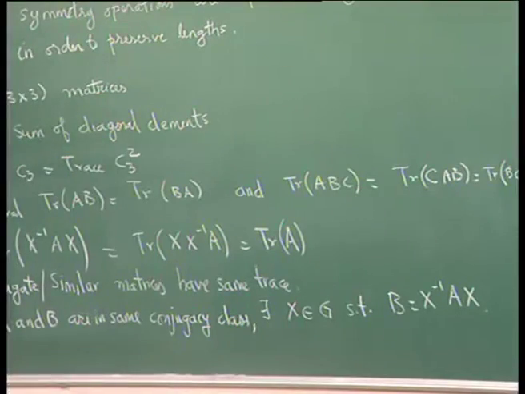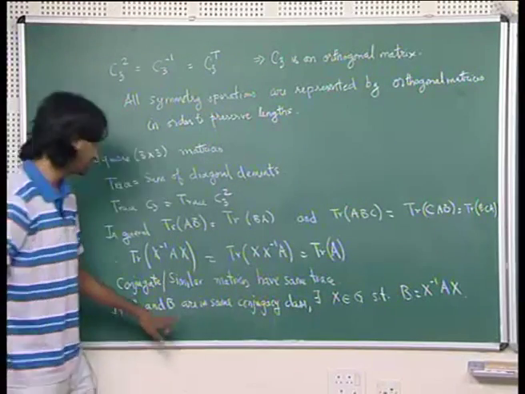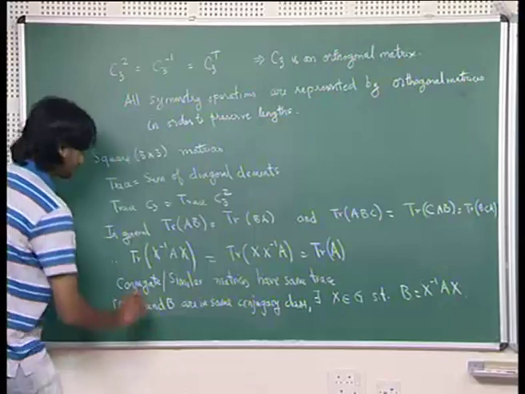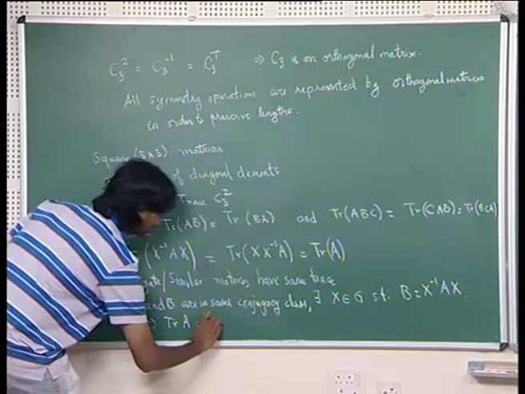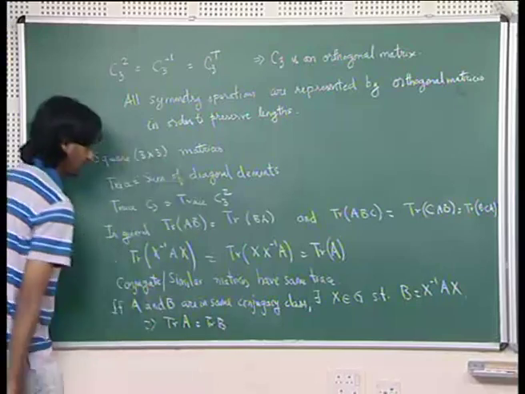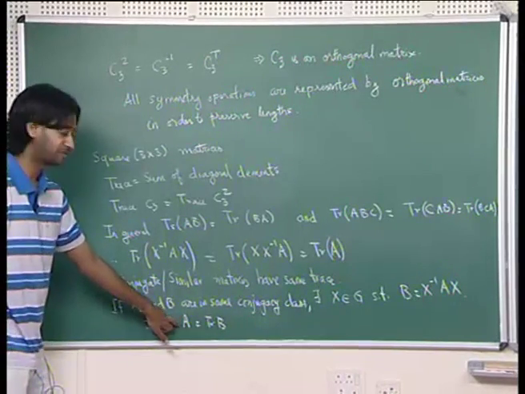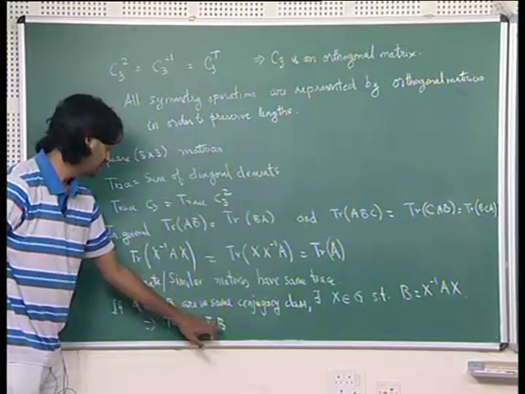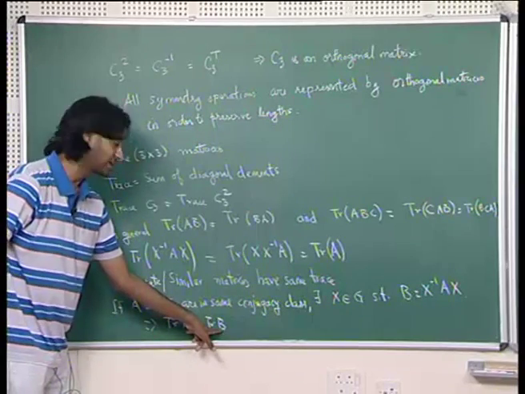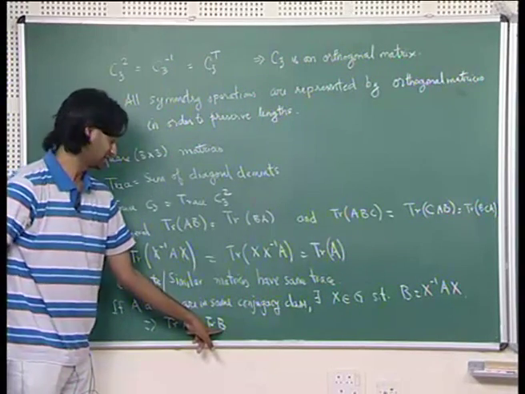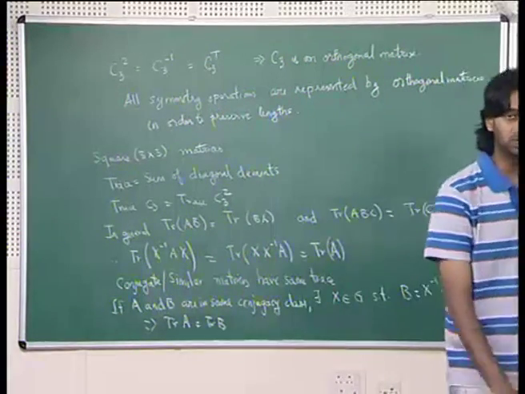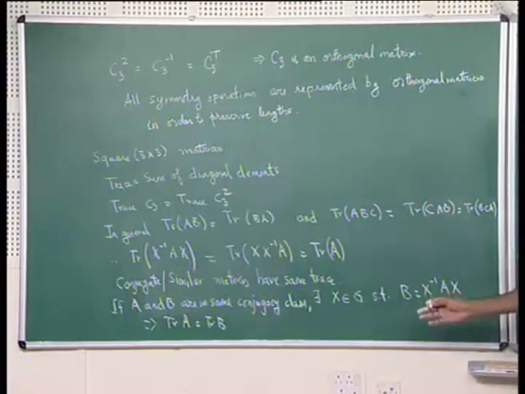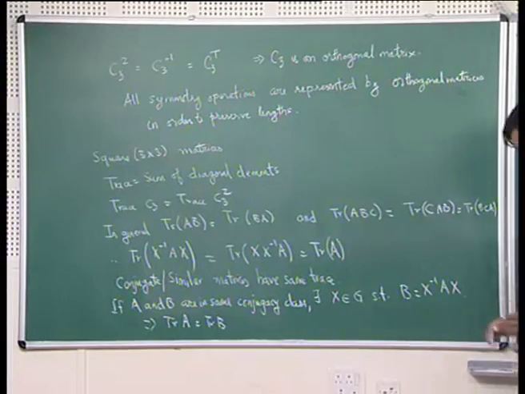Okay. So, we immediately see that if A and B are in the same class, then trace of A is equal to trace of B, where A is the matrix representation of A, and B the matrix representation of B. So, the matrix representations of operations that are in the same class have identical traces.